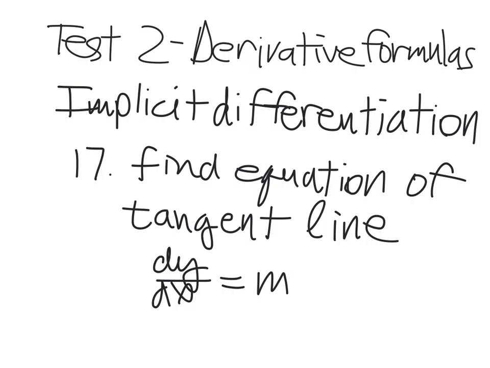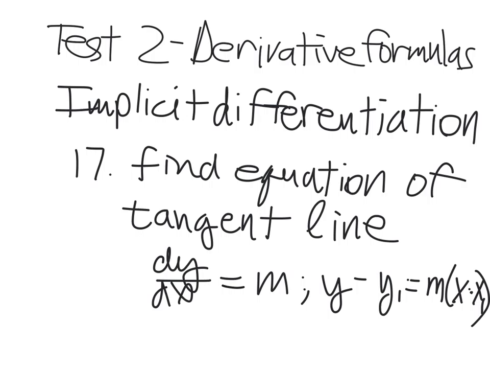You can plug in the x value and the y value, and m will be your derivative at that point, and then plug it into your equation of the tangent line, point slope form. So that's one way of using the implicit differentiation.